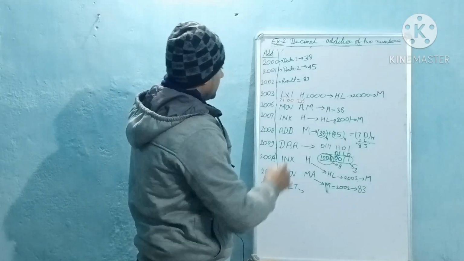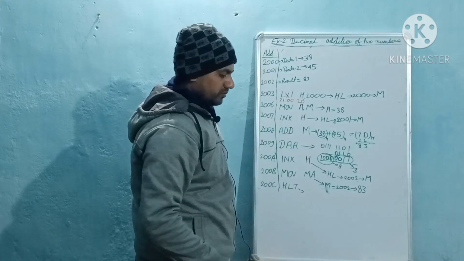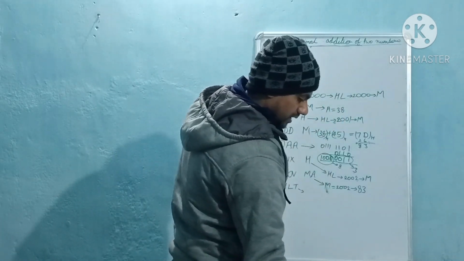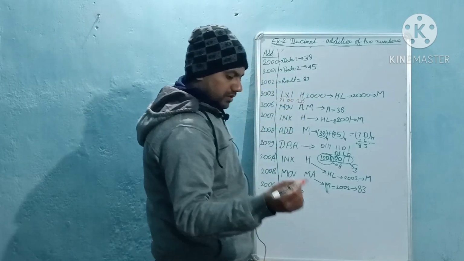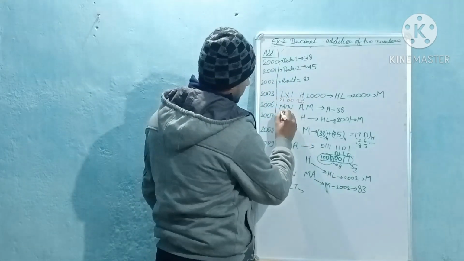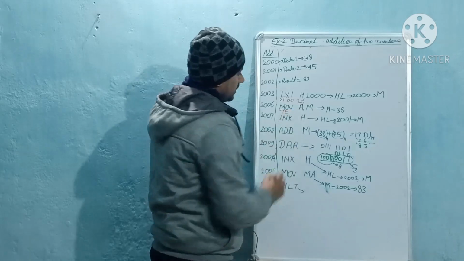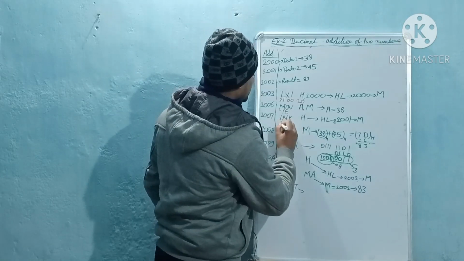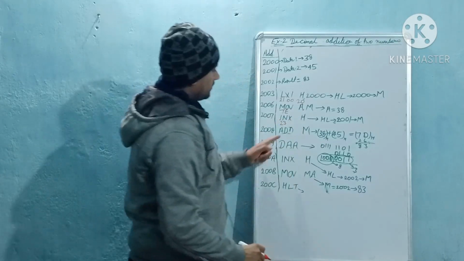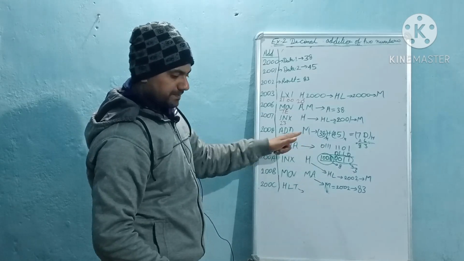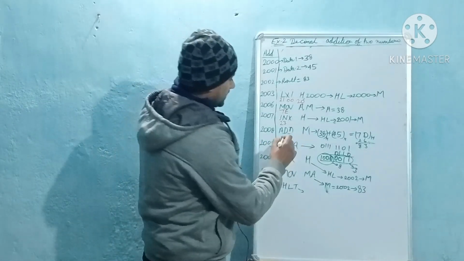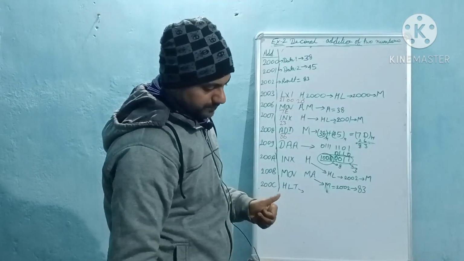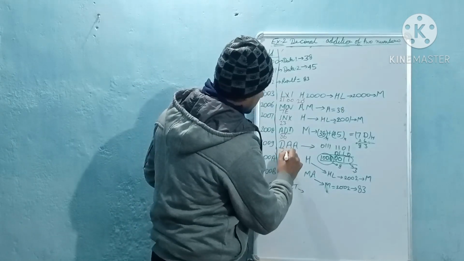Next, MOV A, M has the hex code 7E. For INX H, the hex code is 23. For ADD M we have 86. For the DAA instruction, the hex code is 27.